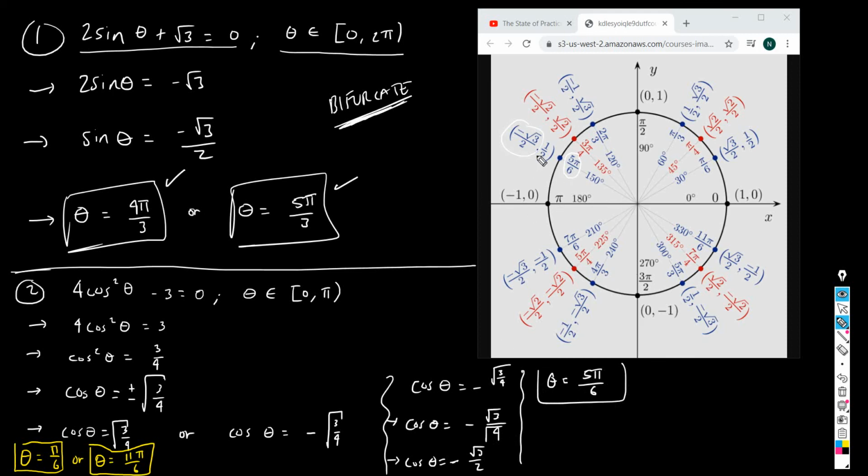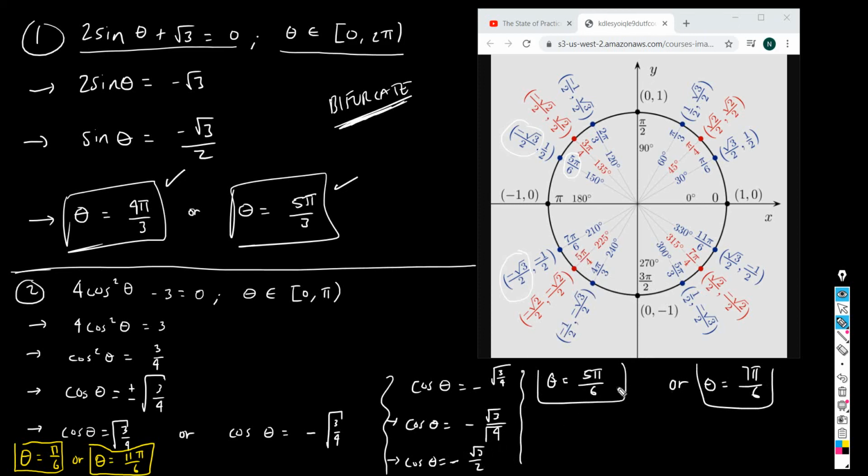Could there be another angle? Well, I was here, now this is the next. Oh, here it is. The same cosine for an angle of, I'm sorry, 7 pi over 6. So theta equals 7 pi over 6 is another possible solution. And these are my two solutions. If you keep on looking for another angle for which the cosine is this, you're gonna fail.